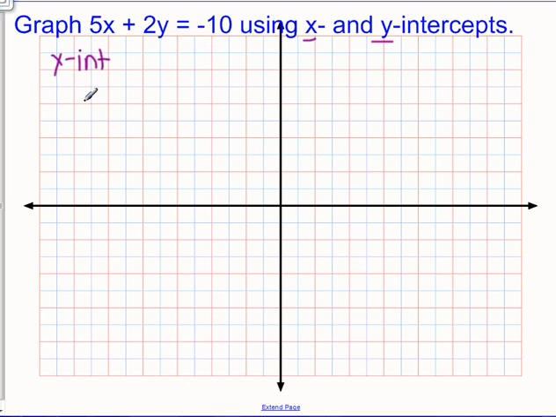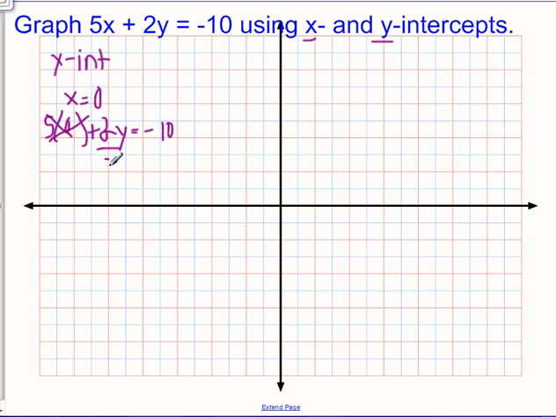So I need to set x equal to 0 in my equation. Then I'm going to have 5 times 0 plus 2y equals negative 10. This goes away.